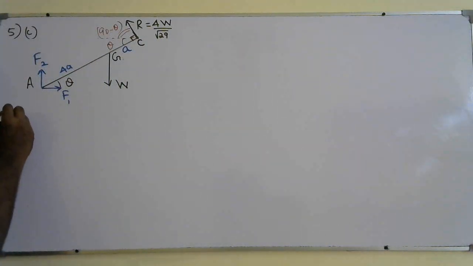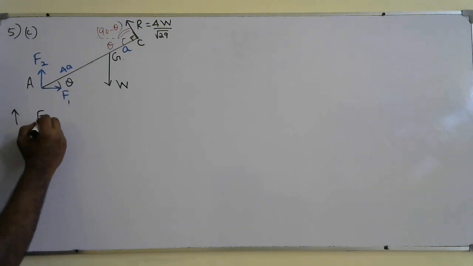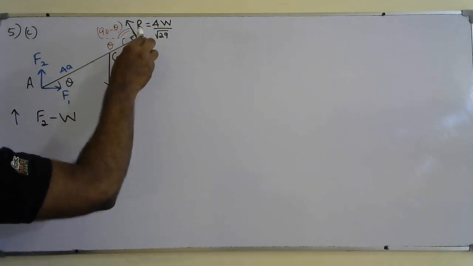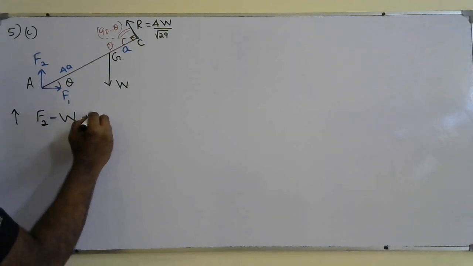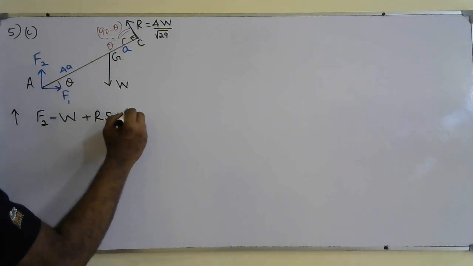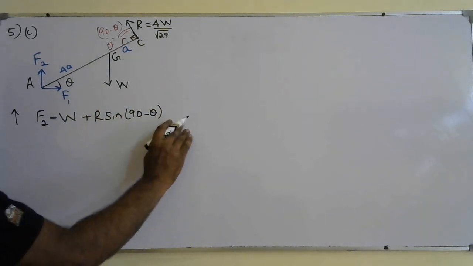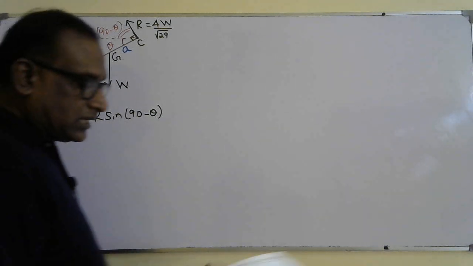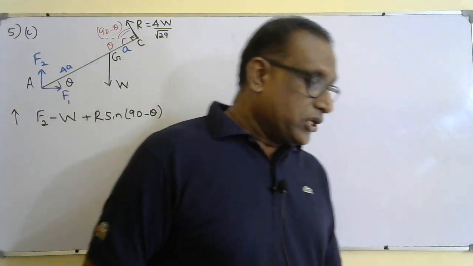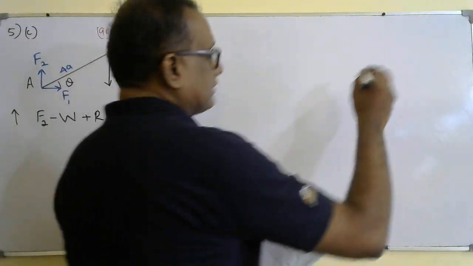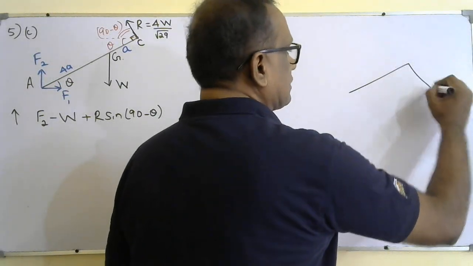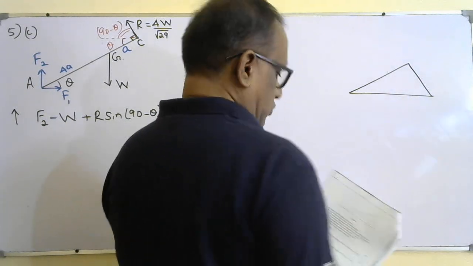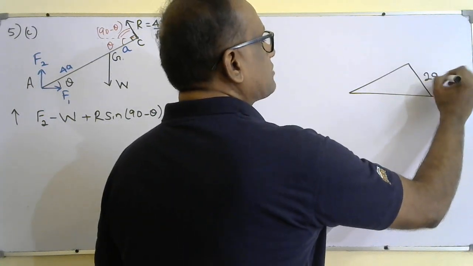So when I consider vertically, the resultant force must be 0: F2 minus W plus R sin(90 minus theta), which is R cos theta. I know that because I already found it in the previous part, using the right angle triangle like this. This is 2a, the radius of the hemisphere.